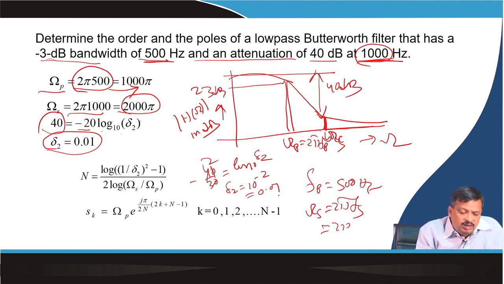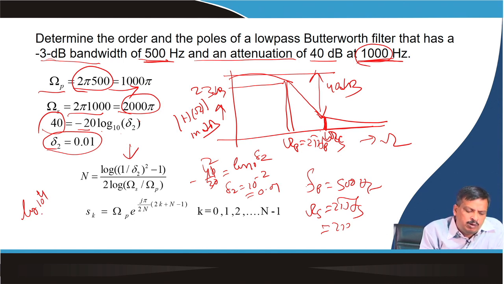So, once I know delta 2, I can put delta 2 in this equation. It is log of 1 by delta 2 whole square. So, 1 by delta 2 means 10 to the power 2, whole square means 10 to the power 4. So, 10 to the power 4 minus 1 I can neglect.